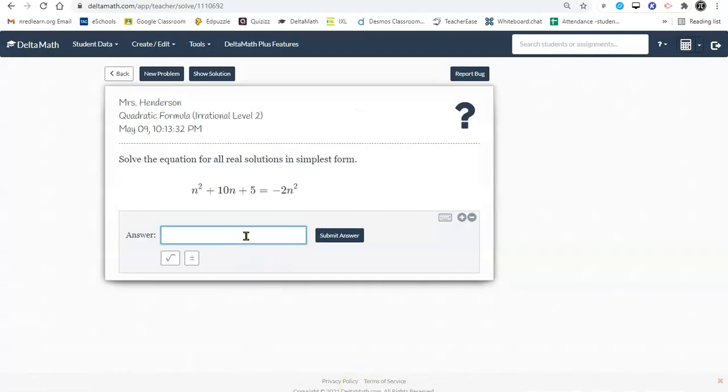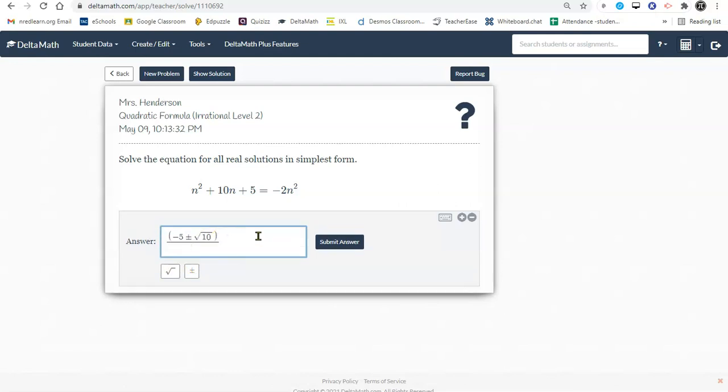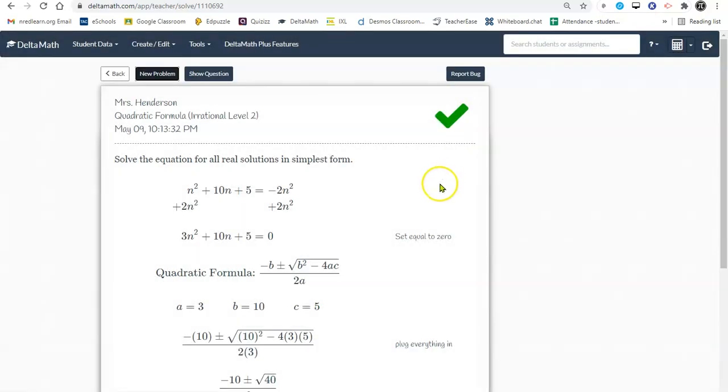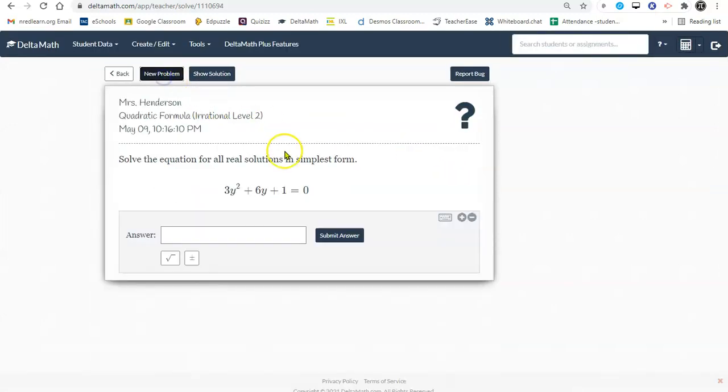Well, I think I might need parentheses here. Negative 5 plus or minus the square root of 10. Now I'm going to come outside and put my divide by, oh, that's beautiful. There we go. Let's see if we got it right. Oh man, I'm nervous. Yes, perfect.